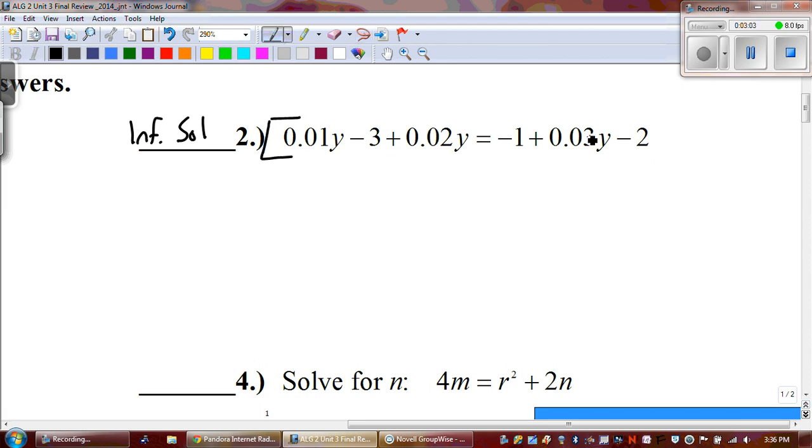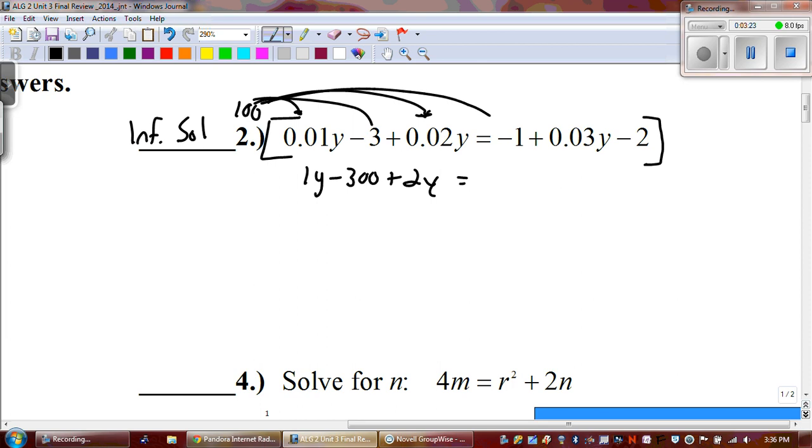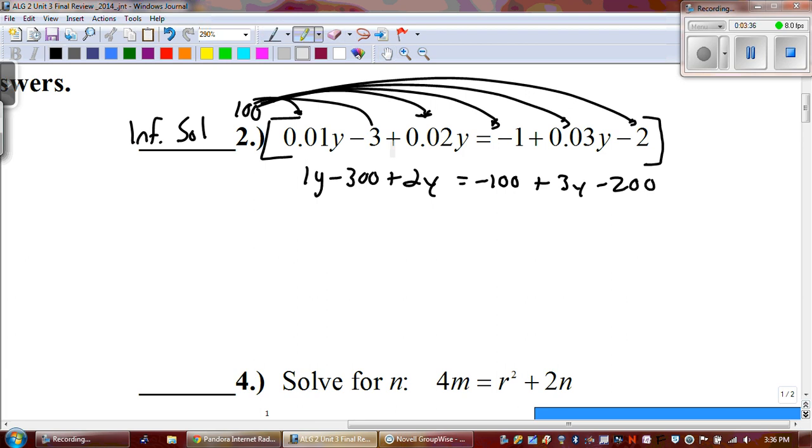If you want to get rid of the decimals right away, we would have to multiply by 100, and we would get 1y minus 300, plus 2y equals, remember you have to do it to everything, negative 100 plus 3y minus 200.